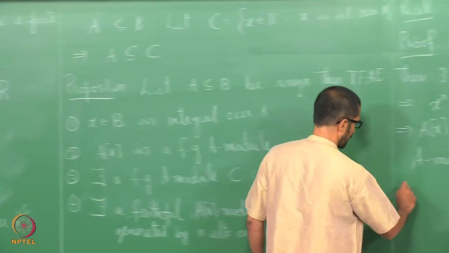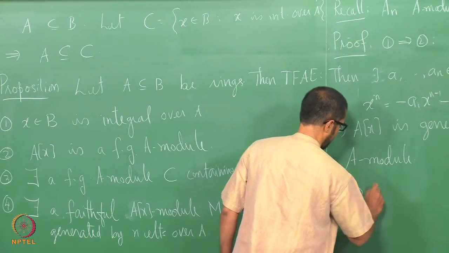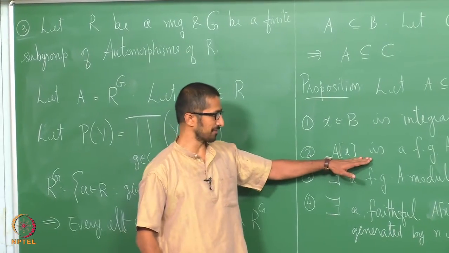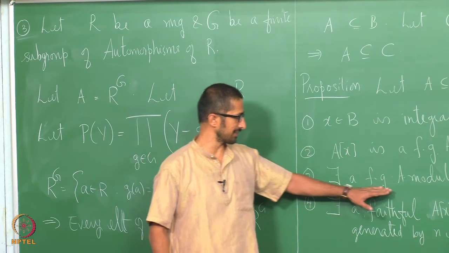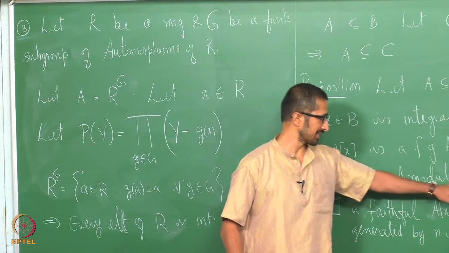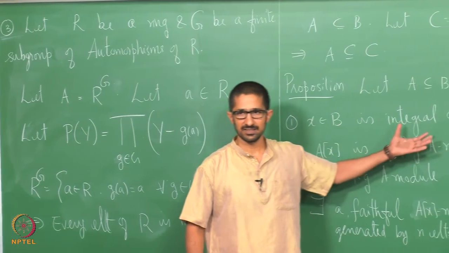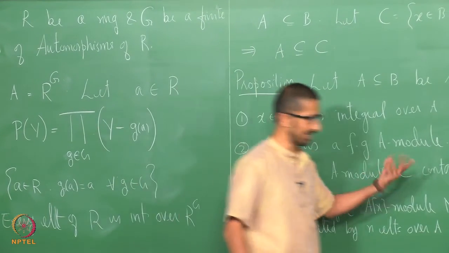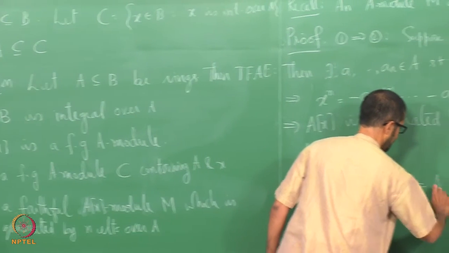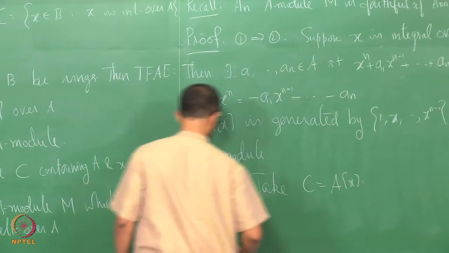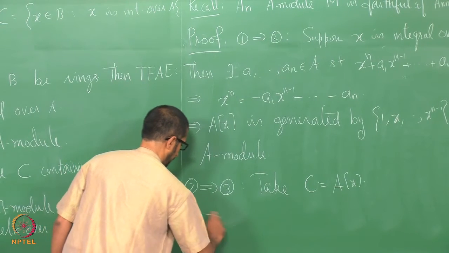Now, 2 implies 3. I am given that A[x] is a finitely generated A module, and here I have to prove that there exists a finitely generated A module C containing A and x. Just take C to be equal to A[x]. And 3 implies 4.